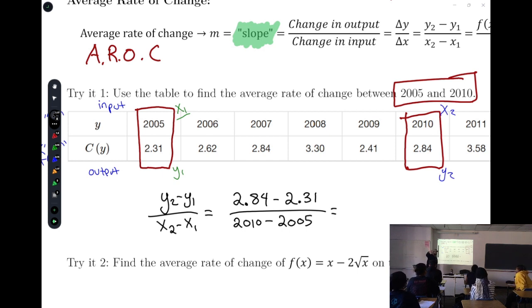If you see a decimal on a problem like that, then chances are it's on the calculator half of the test. If you don't see a decimal and it looked like it was a nice clean one, even if it was hard, probably on the non-calculator. What are we talking about? 0.53 over 5, which is actually 0.106.